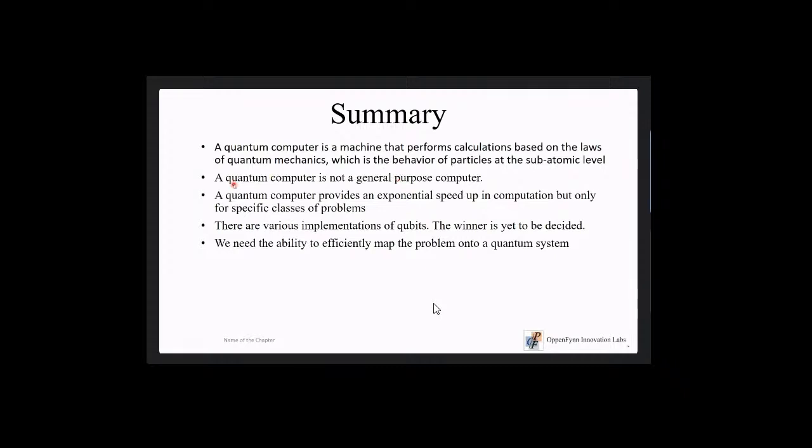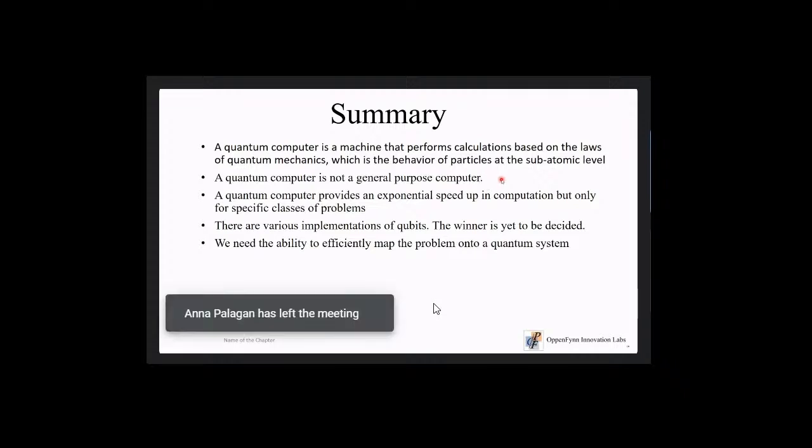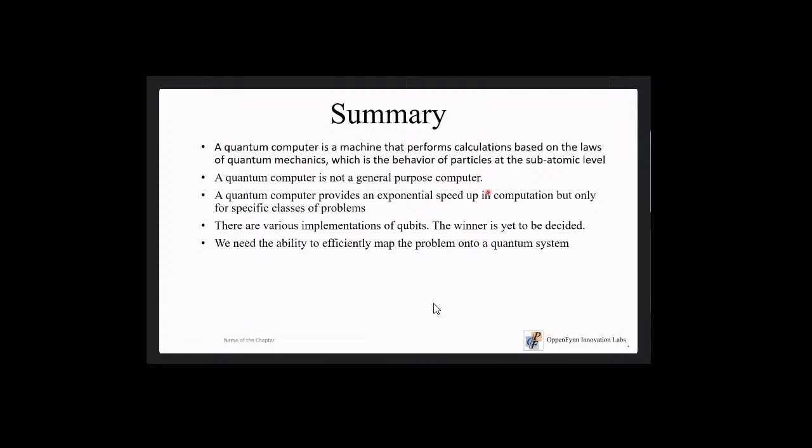These are the key points that I'd like you to remember from these two sessions. A quantum computer is not a general purpose computer. As you can see, these provide a lot of speed up, but only for a specific class of problems. So quantum computers are specific purpose computers and not general purpose computers.